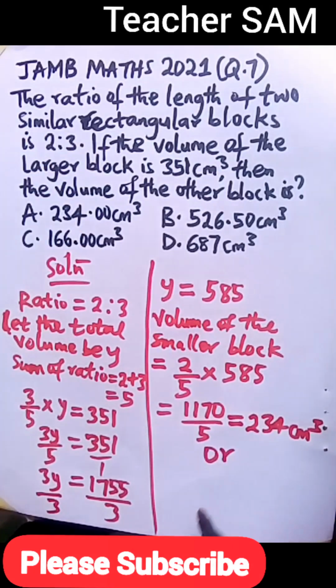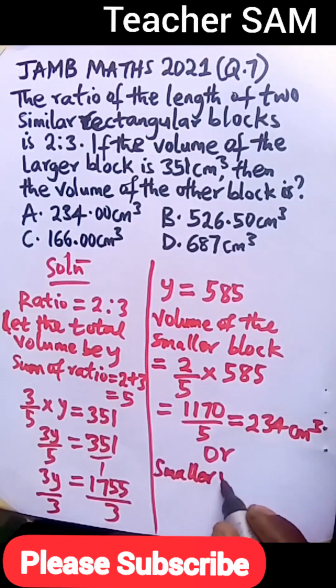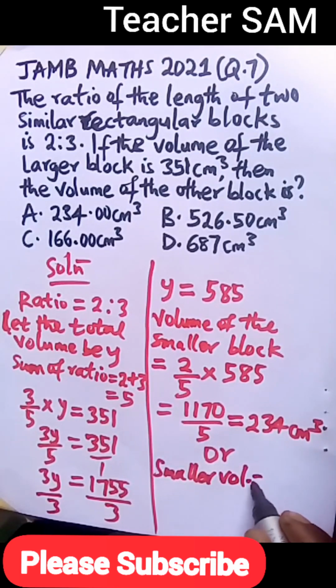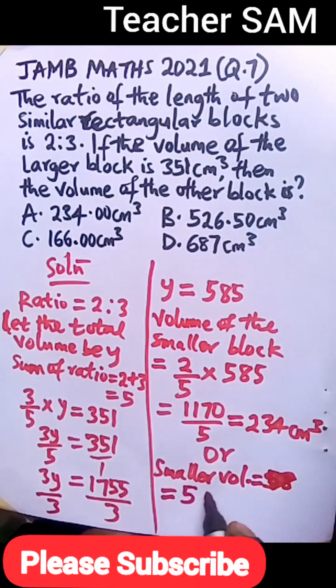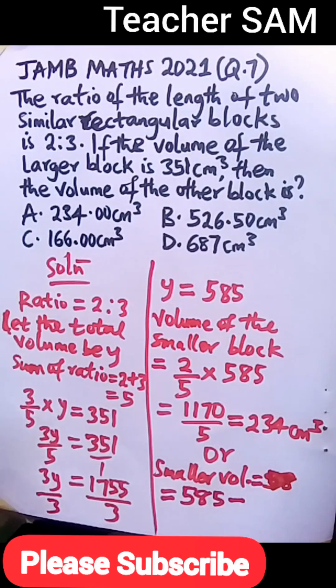Or better still, since I know that the total volume is 585, I can just say the smaller volume is equal to the total volume, which is 585, minus the other volume that was given in the question, the larger volume, 351.